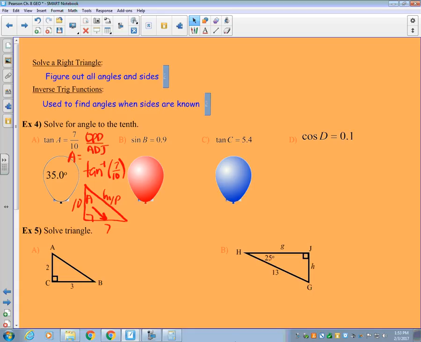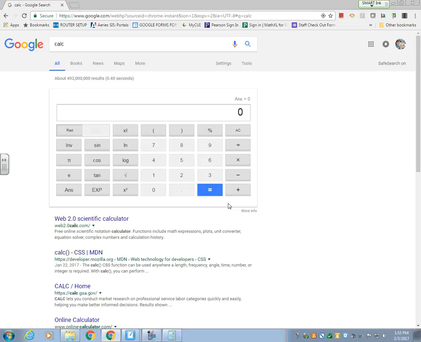Let me show you that same calculation on my Google calculator. This one wants me to put the operation in first and then the number. So first thing I want to do is make sure I'm in degrees. I'm going to click the inverse button so I get those inverse trig functions.